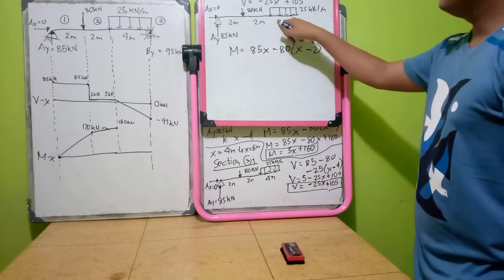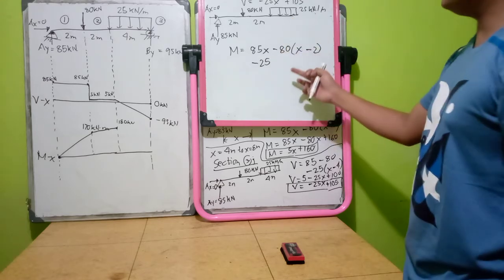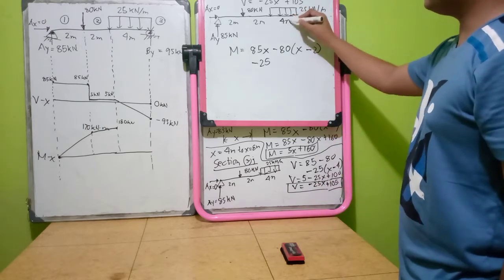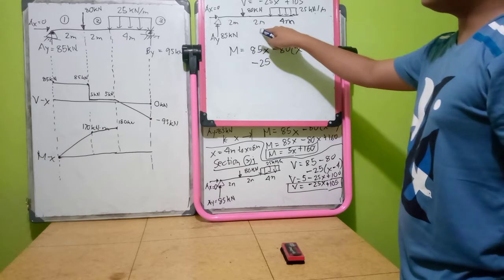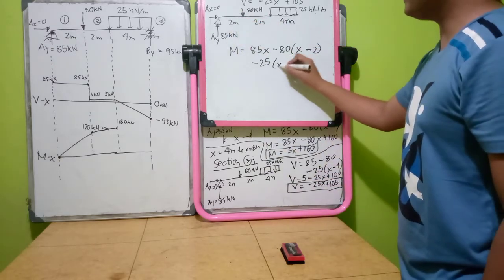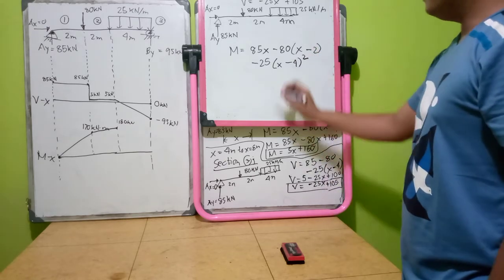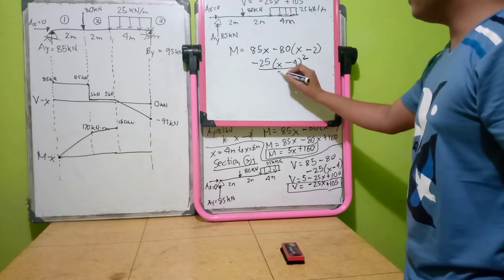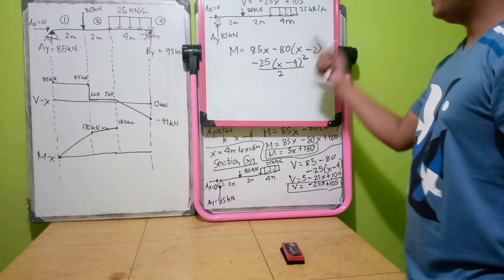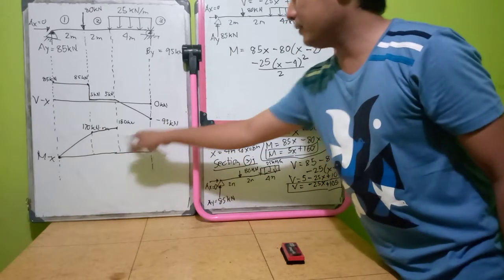And then we have a distributed load, negative 25 kilonewton. So how will it translate into moment equations? Since it is 2 plus 2, 4 meters away from your left support, we have x minus 4 squared over 2. So that will be our moment equation from this point to that point.